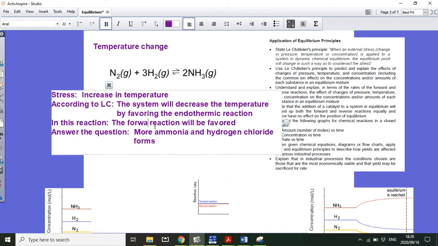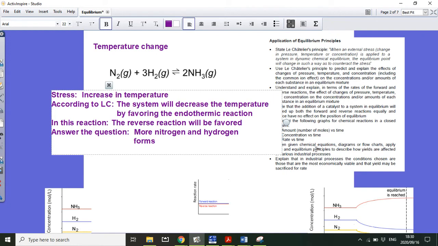But in our reaction here that we just had, the reverse reaction will be favored and more nitrogen and hydrogen forms. There we go. So you've got your steps there nicely in order now.